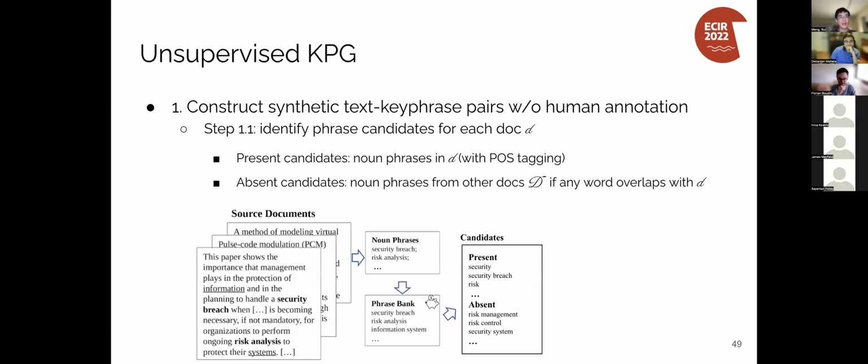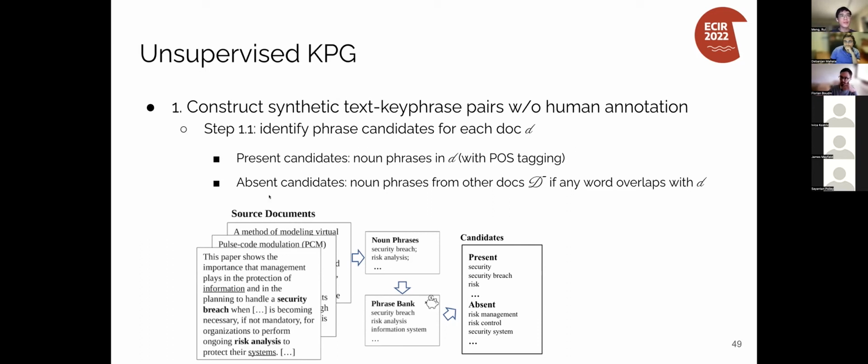So in this study, the core idea of unsupervised generation is actually very similar to what I just talked about in extraction models. So here we need to construct pseudo text-keyphrase pairs to train a generation model.